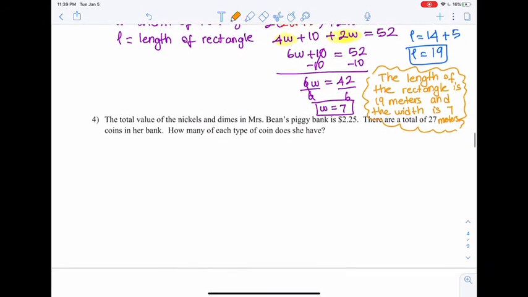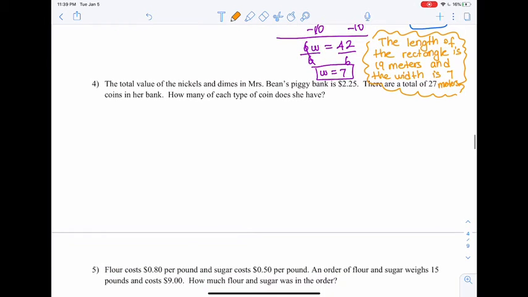Question number 4. We have a coin type of question. The value of the nickels and dimes in Mrs. Bean's piggy bank is $2.25. There are a total of 27 coins in her bank. How many of each type of coin does she have?